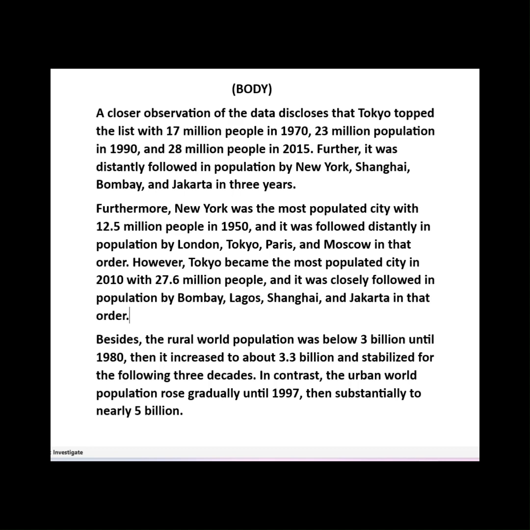That means until 2010. Okay. In contrast, the urban world population rose gradually until 1997, then substantially to nearly 5 billion for the remaining period. Okay. So it's very simple. Study the question and the body to understand it better and to do better in your test. Now let's move to the conclusion in the report.